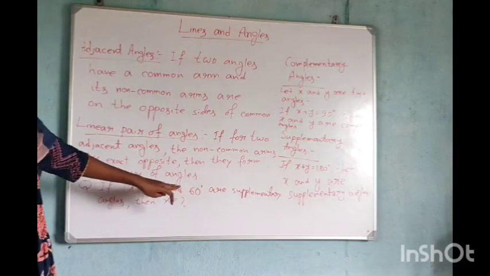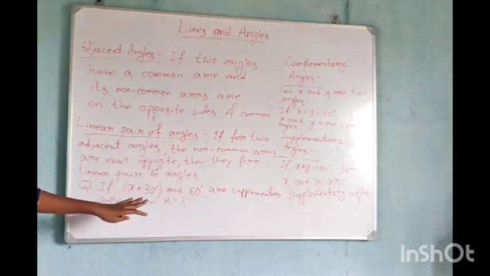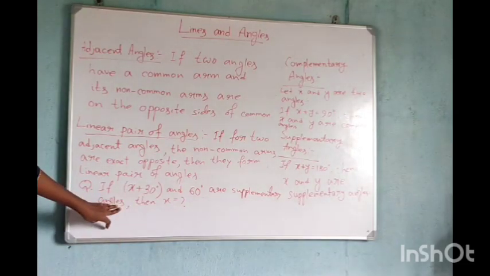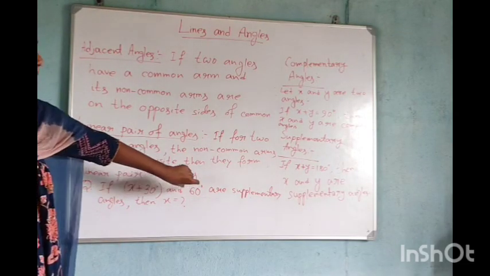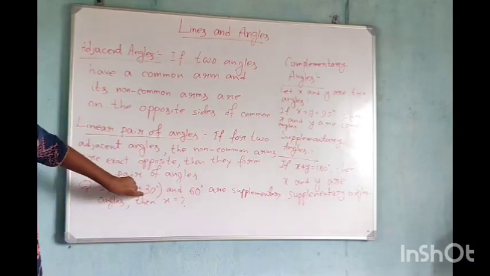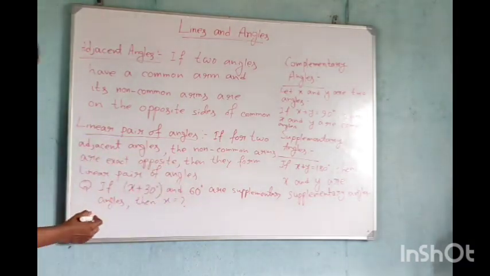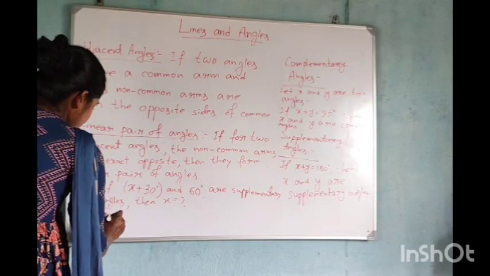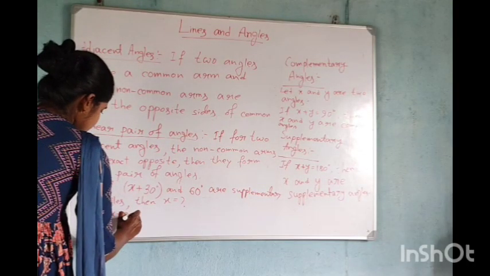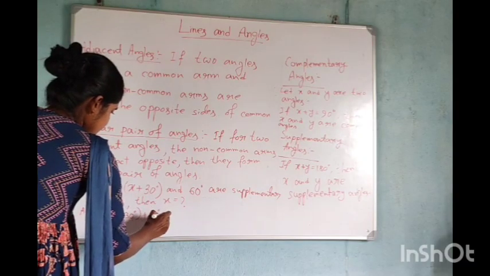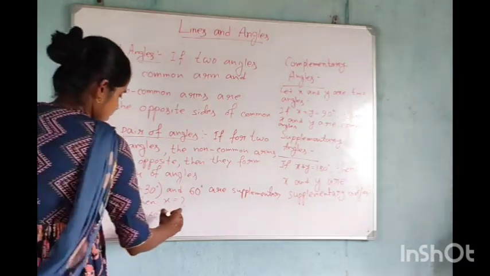Supplementary angle means these are two angles given. Supplementary angle means these two angles sum is what? 180 degrees. So we can write x plus 30 degrees plus 60 degrees equal to what? 180 degrees.